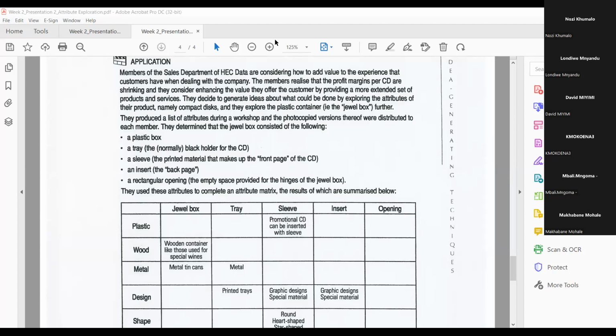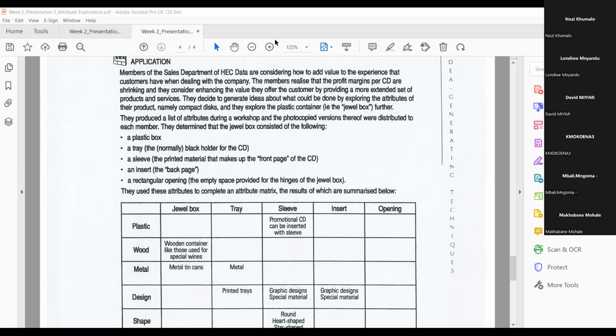Thank you. According to my understanding of this example, the company here realized that their profit margins on their CDs are low, so they wanted to see what they can do in order to solve that problem.